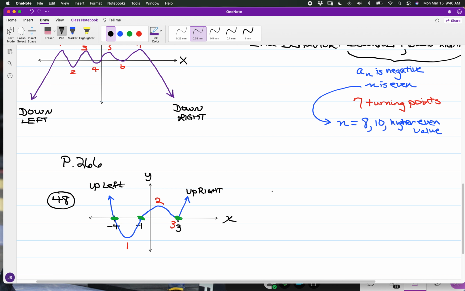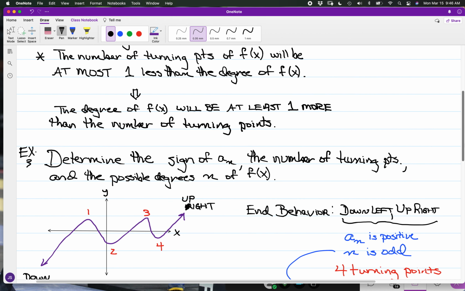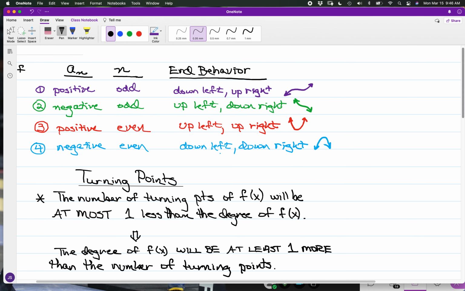So for starters, the end behavior we have is up to the left and up to the right. So a of n is going to be positive and n is going to be an even value.